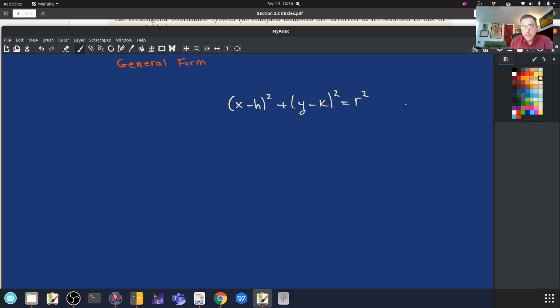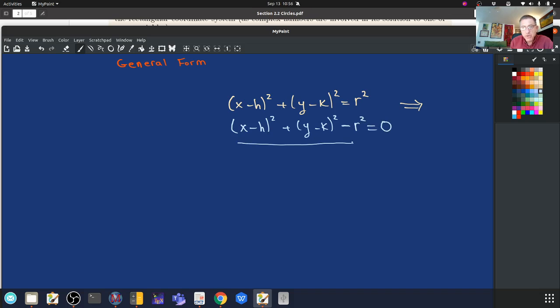So this is equivalent to the following. I'm going to subtract r squared from both sides. X minus h squared plus y minus k squared minus r squared is equal to 0.